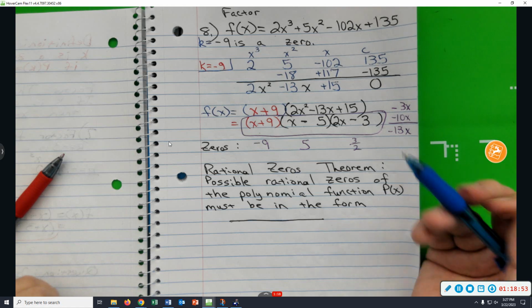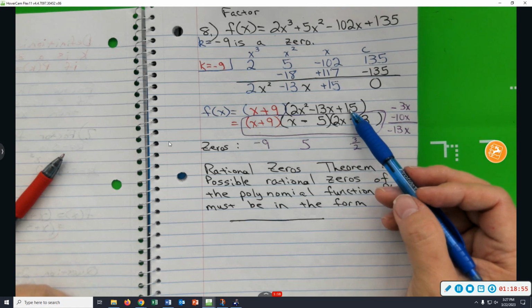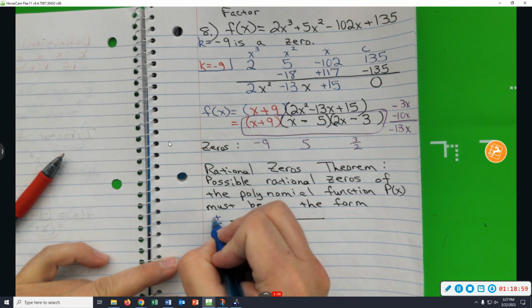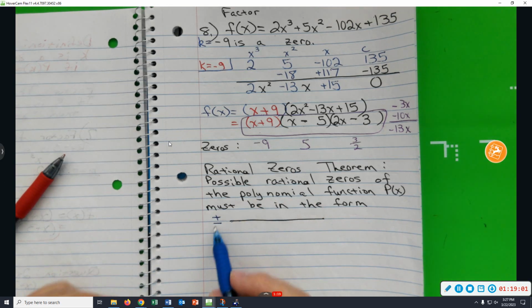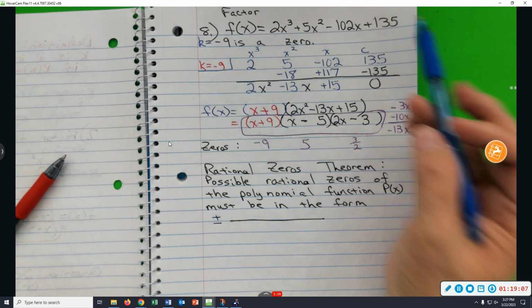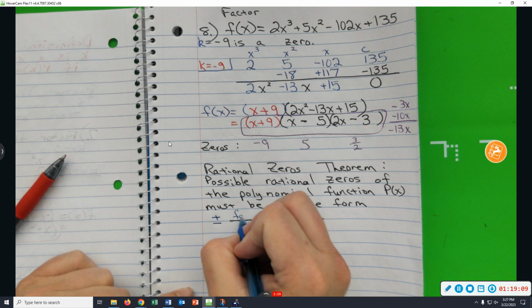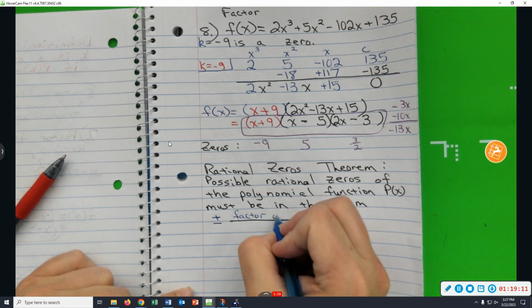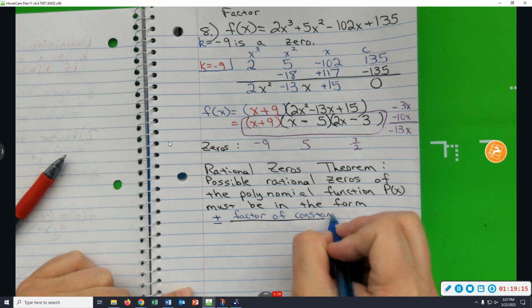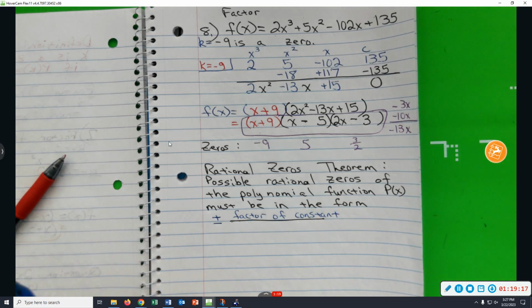We have to take into account sign changes, and to do that we just have a positive or negative. So it can be a plus or minus. The number on top must be a factor of the constant term. That's the thing in the problem that doesn't have a variable attached to it.